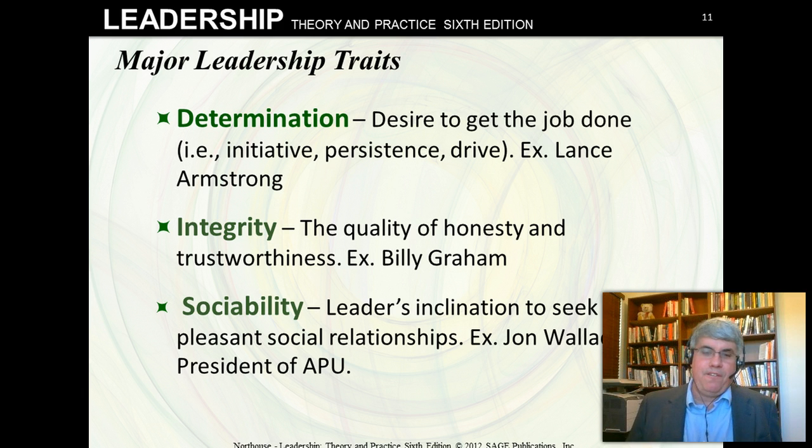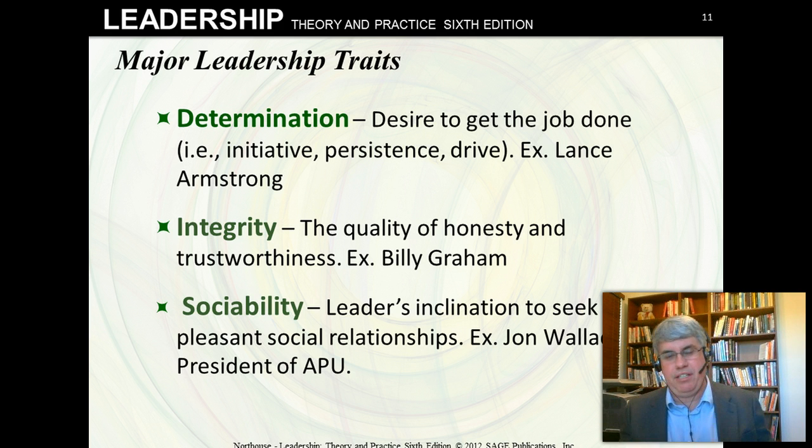And for years he fought off accusations of drug use. For 10, 15 years, he was just considered an awesome leader. He had overcome cancer, he led a big organization known as Livestrong, and he was perceived as being a real great guy because of his determination to overcome all the obstacles.